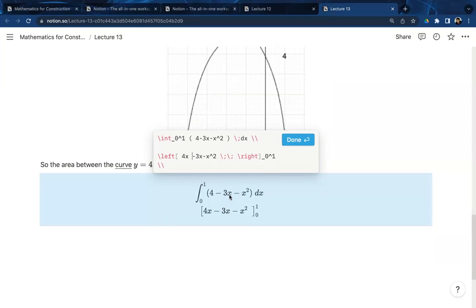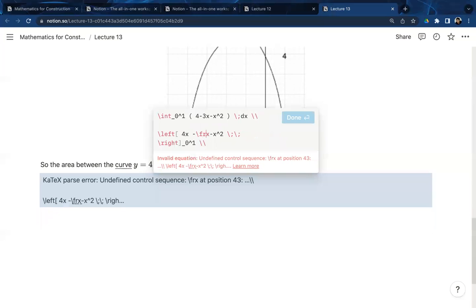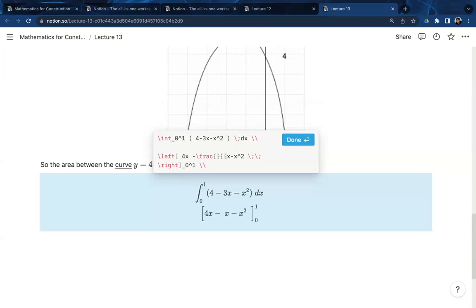What is the integral of 3x? You take the x power, which is 1, add 1 to it, you get 2, and divide by that. So this is a fraction, 3x over 2.